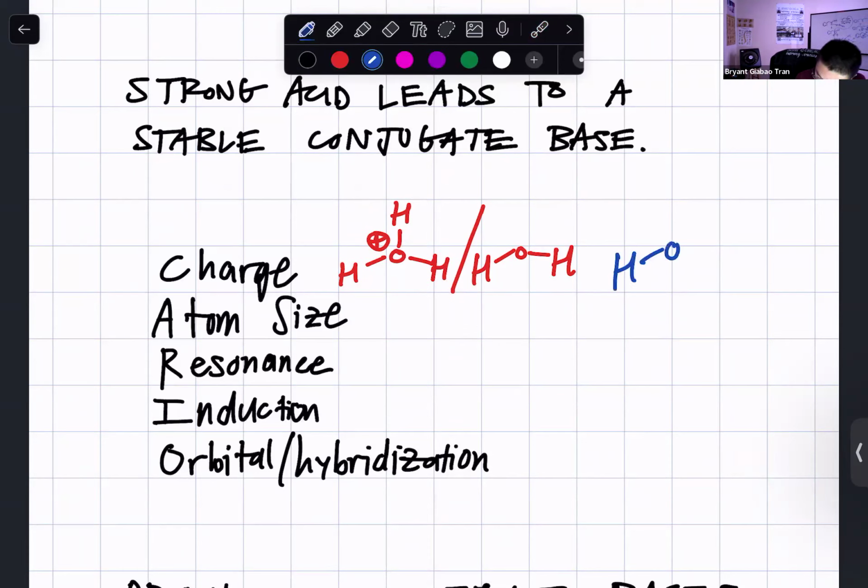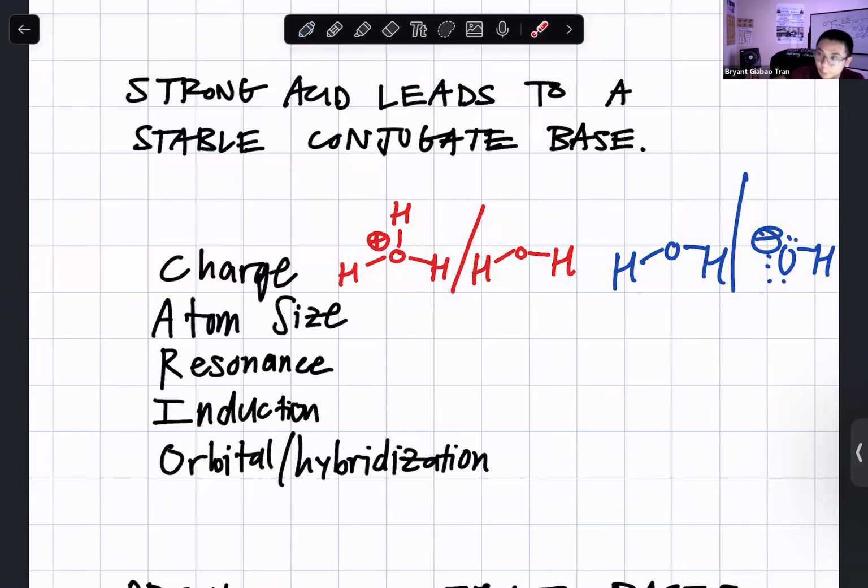Whenever we deprotonate a molecule, it loses a proton and its charge goes down by one. This acid had a +1 charge, so +1 -1 is 0, neutral. The water molecule had a charge of 0, so 0 - 1 is a negative charge, -1.